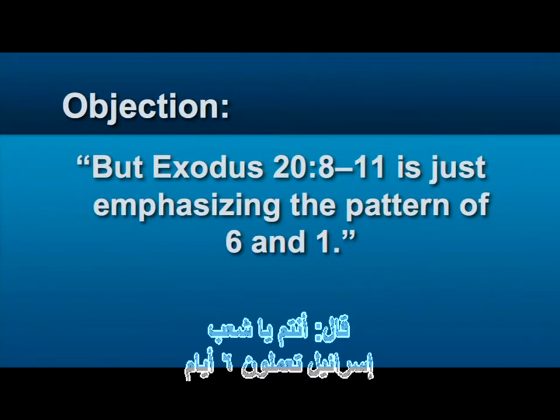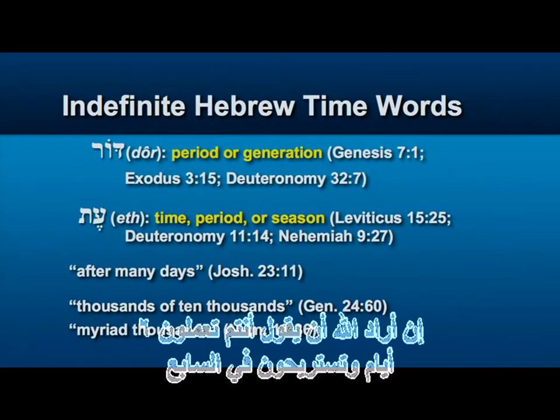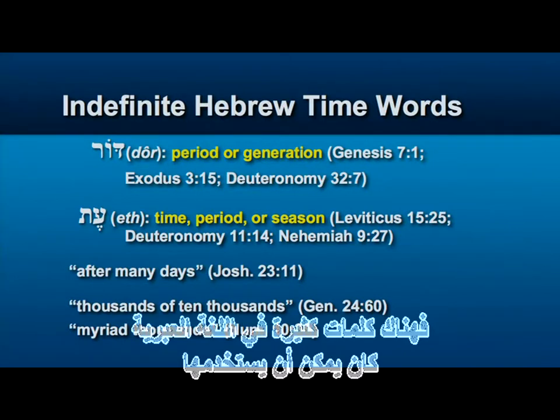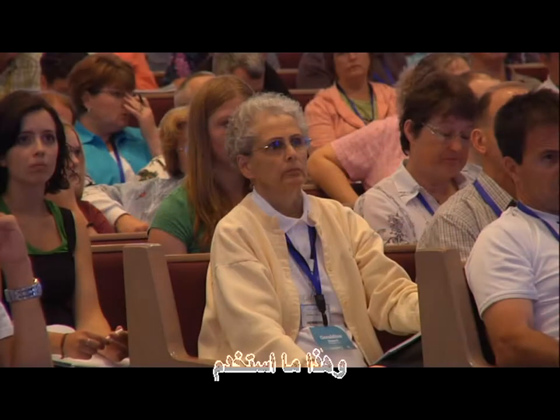He said, you children of Israel work 6 days, yamim in plural, because I created it in 6 days, yamim, same word. If God wanted to say, you work 6 days and rest on the 7th because I created over 6 long periods and rested on the 7th, there were lots of ways in the Hebrew language he could have said that. He didn't. He chose the only Hebrew word that means a literal day. And that's what he used.